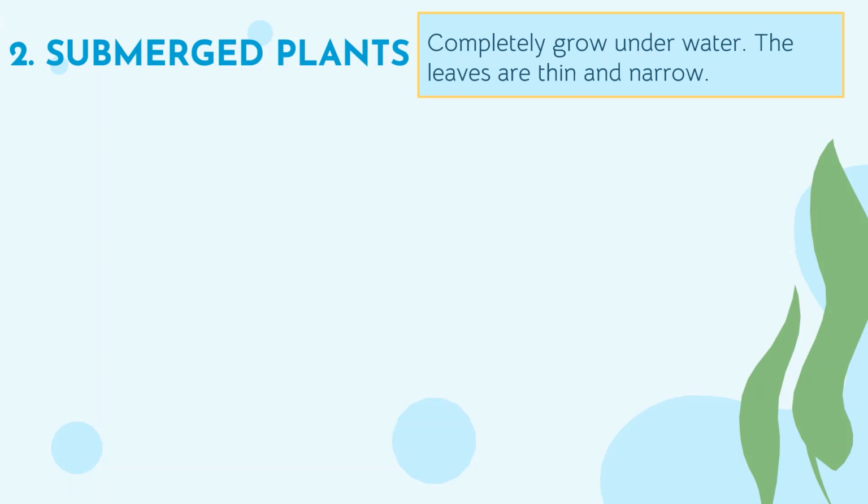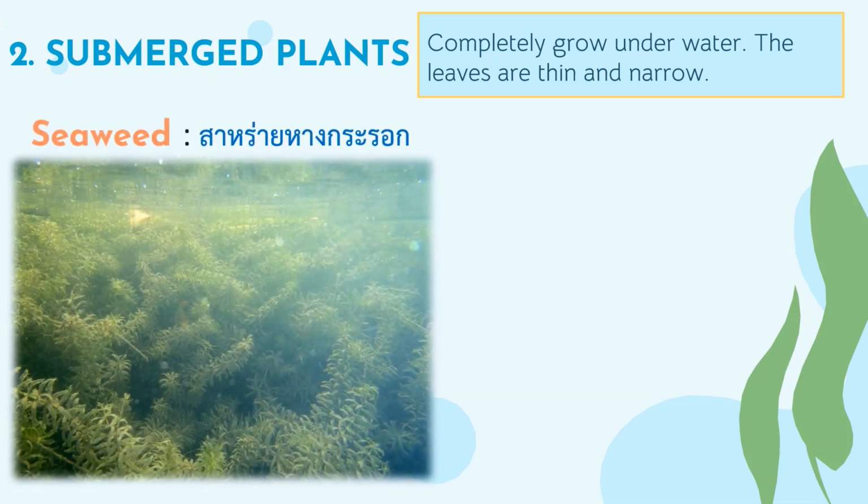Submerged plants completely grow underwater. The leaves are thin and narrow. Here are some examples. This is a seaweed.